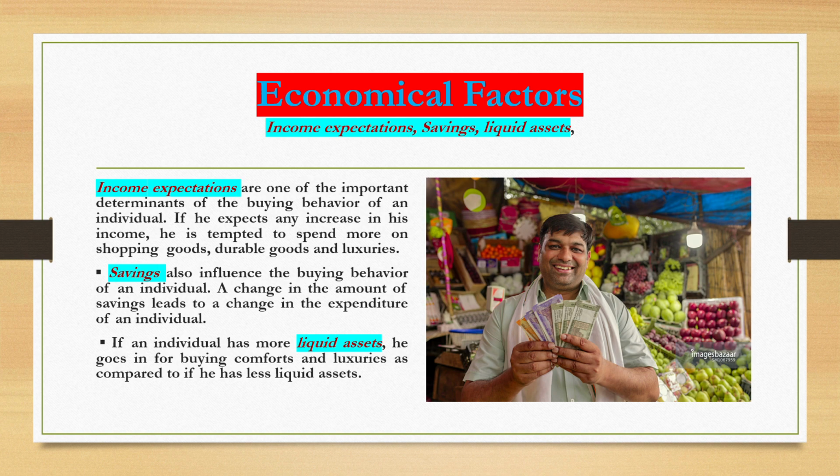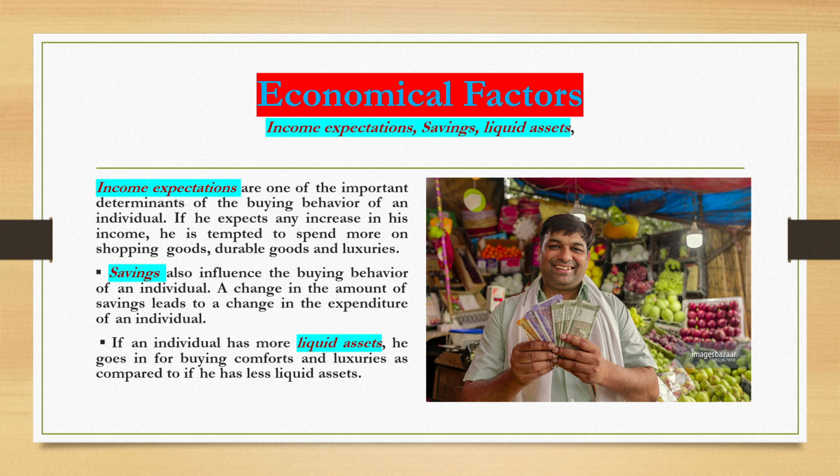So if any emergency arises, then if I have a good liquid asset, I can liquidate that asset easily to purchase that product or face that kind of situation, like medical emergencies or anything which requires immediate money or expenditure.